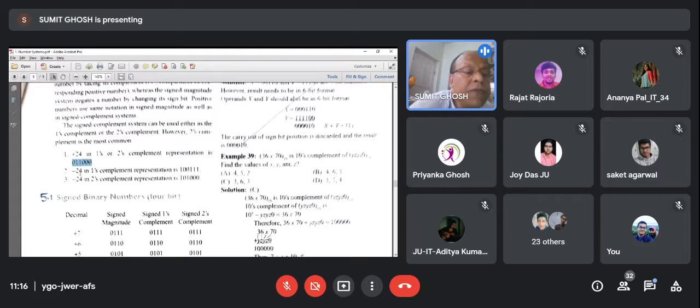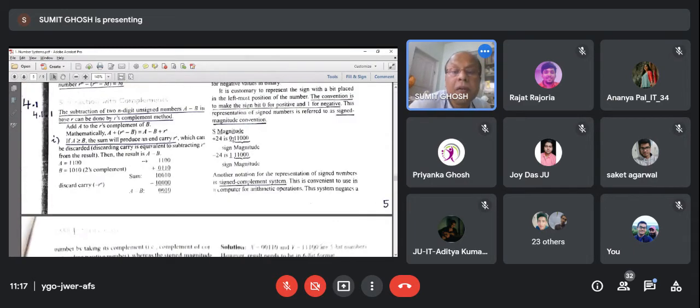Now I am representing plus 24 in sign complement representation, same as in the sign magnitude convention. So positive number representation in both conventions, sign magnitude and sign complement, are the same. Is it clear? First try to understand. In sign magnitude, this is the plus 24. Yes or no? Yes, sir. So same for the other system. For representing plus 24, it is the same.